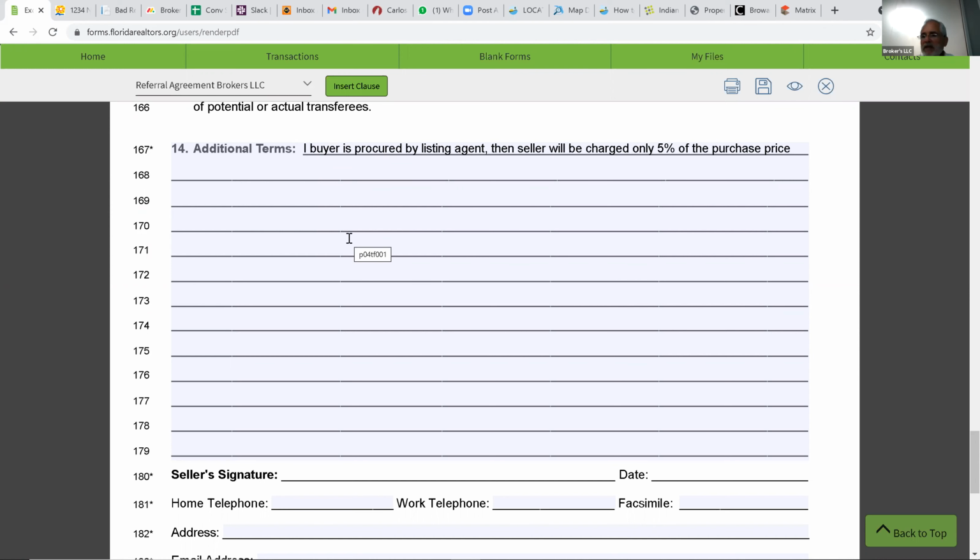So if I bring my own buyer, I'm just charging 5%. Still, it's good for me because I'm not getting 3, I'm getting 5%.